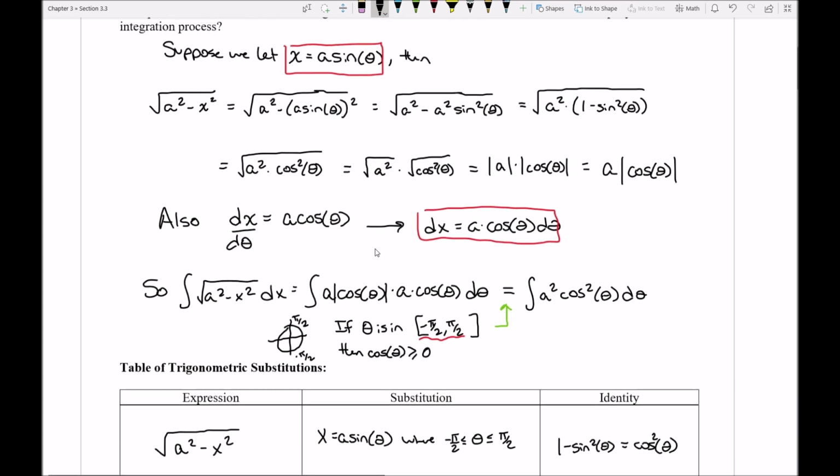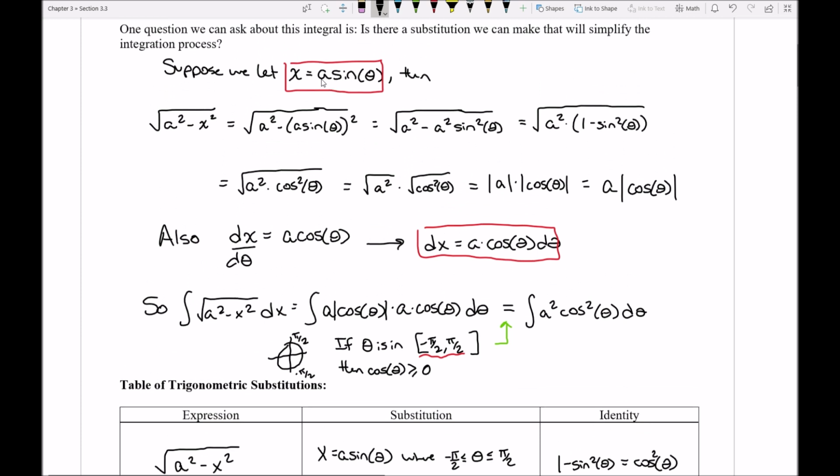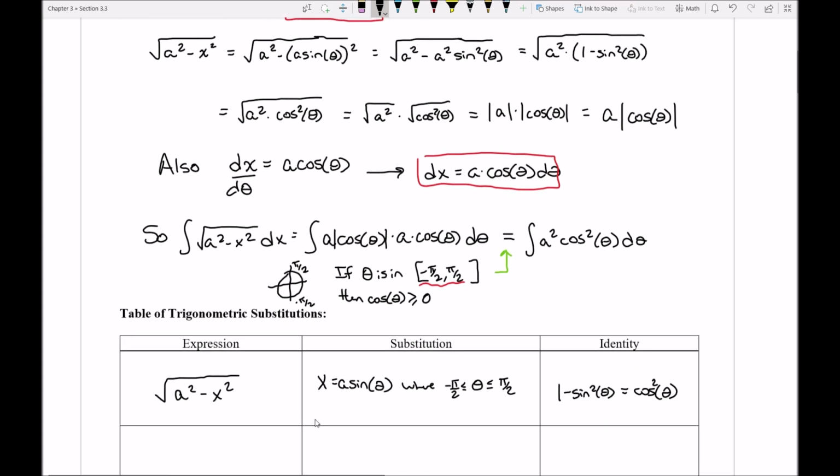If you recap what we did in the last video, remember that we chose the value of a because it would help us match this a squared that was already a part of the radical. Then we could factor that out. 1 minus the sine squared was very convenient because that allowed us to use an identity to get a cosine squared. We could do the same thing by selecting a times cosine. However, I'll just record it here like this.